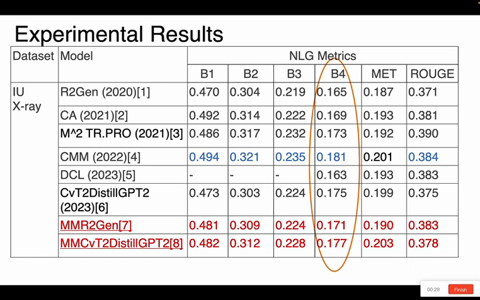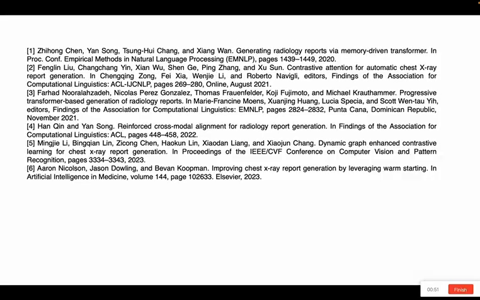The difference is because of the smaller size of the IU X-ray dataset compared to MIMIC-CXR, resulting in greater challenges in model training and inference on IU X-ray, and consequently smaller improvements. These are the references.